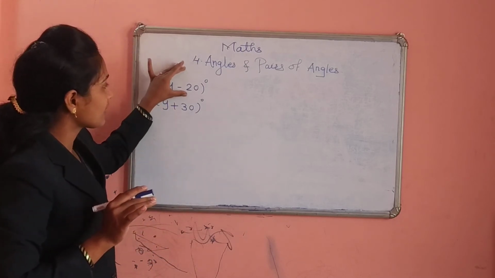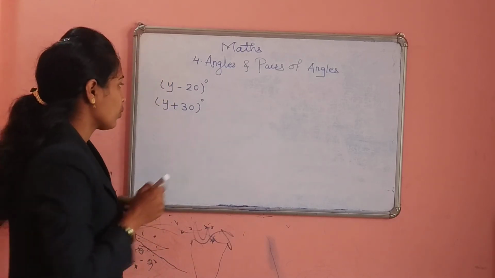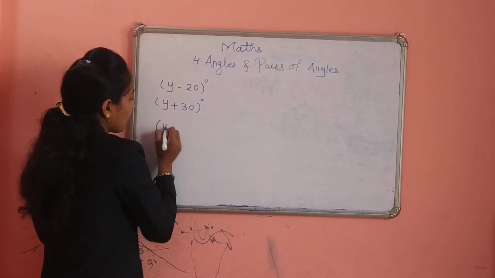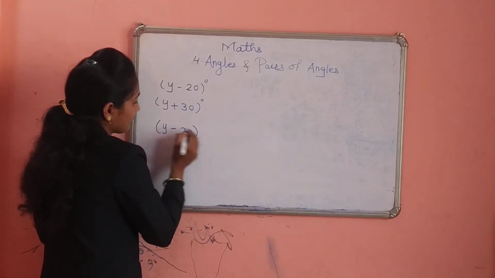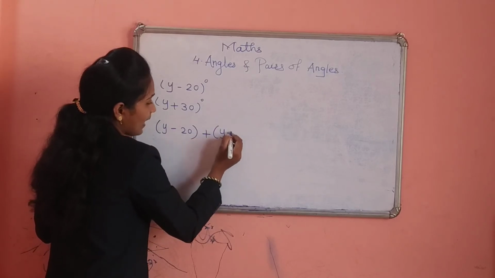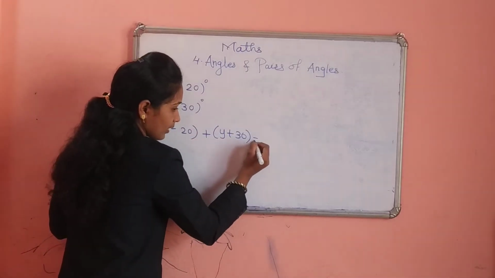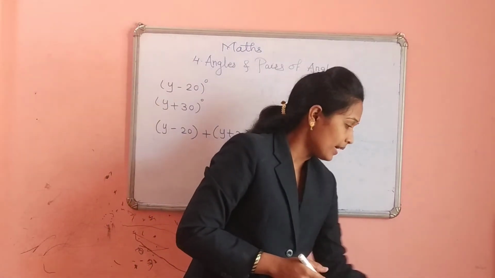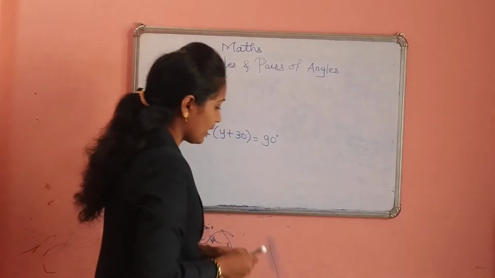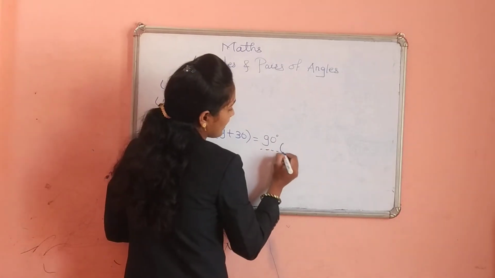Suppose this is your angle x and this is your angle y. So we know that y minus 20 plus y plus 30 is equal to 90 degree. Why? Because the sum of measure of complementary angles is 90 degree. Write down the reason.